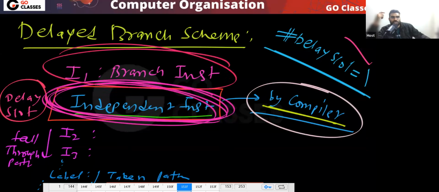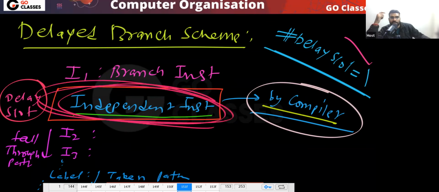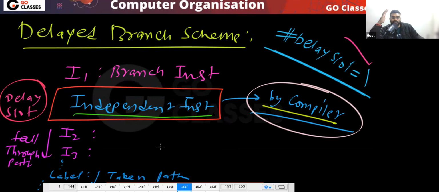For example, maybe this instruction is some instruction just before the branch instruction, and maybe you are putting that here, so that this instruction does not affect anything even if it executes.